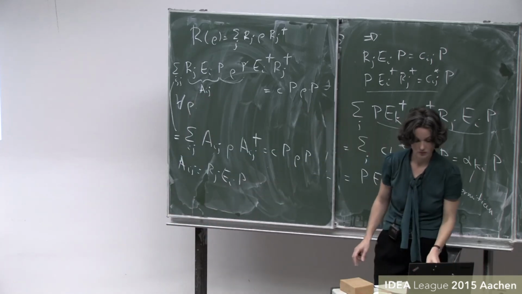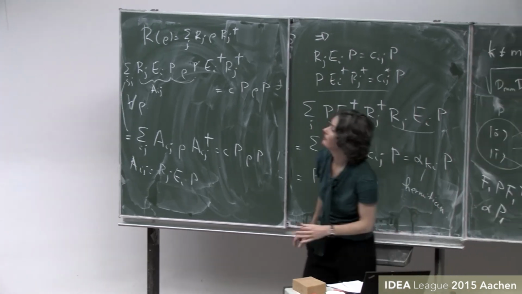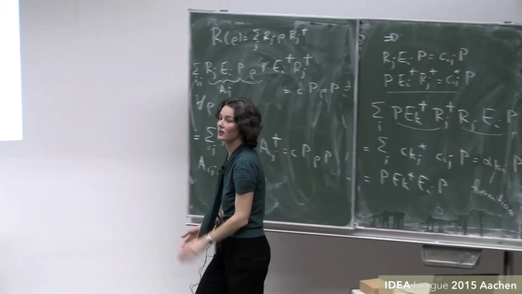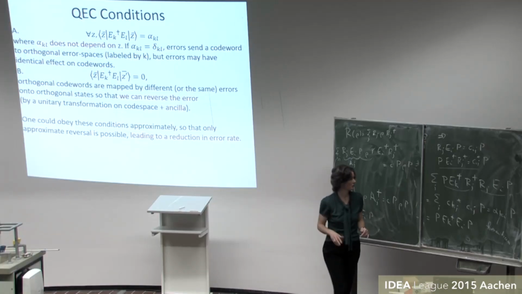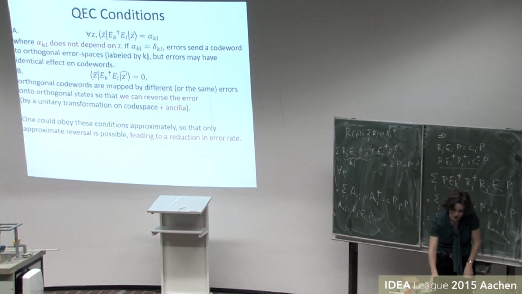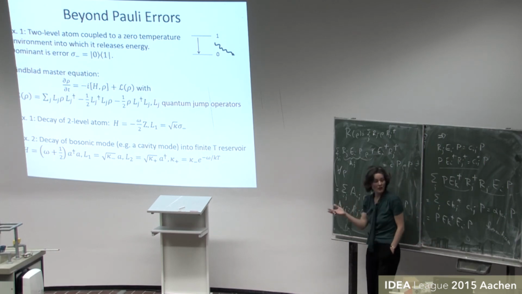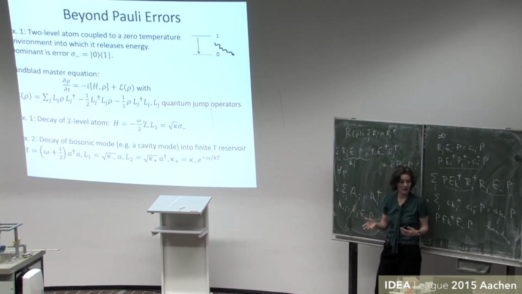That takes a long time, these kinds of things. I hope that was of some use, because there are cases in which, if you want to analyze the effect of error correction given the noise model that you have, you should use the error correction conditions, perhaps.